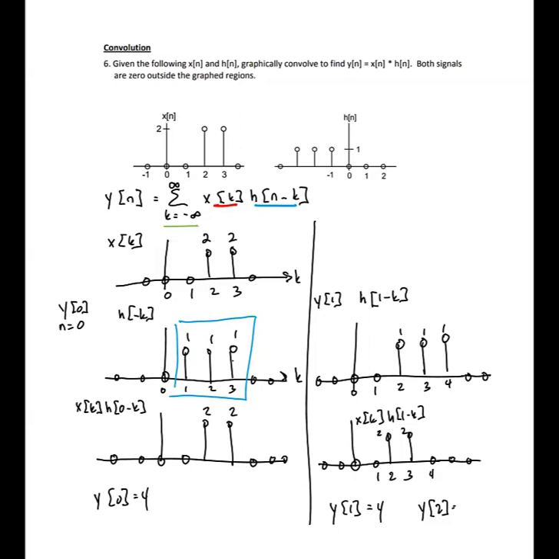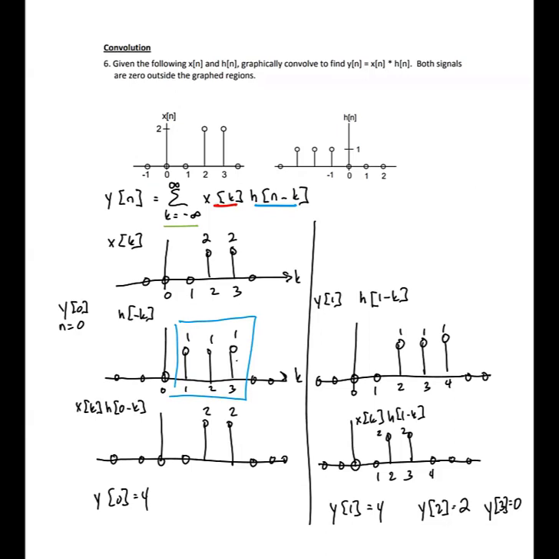Everything else will have zeros. So when we multiply it now, we'll just have a single spike here, and that means the sum will only be 2. If we shift it 3 to the right, there's going to be no overlap between h of 3 minus k and x of k, so that will be all zeros.